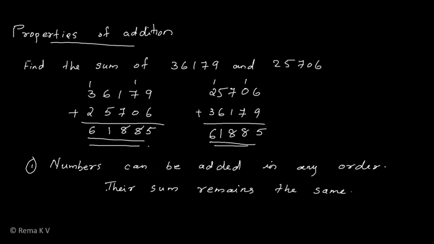So the next one now, second property. Let us add 1 to a number. What is 8 plus 1? It is 9. What is 18 plus 1? It is 19.